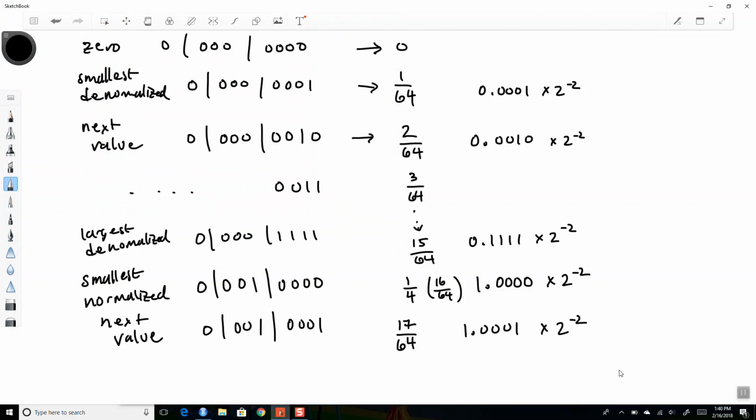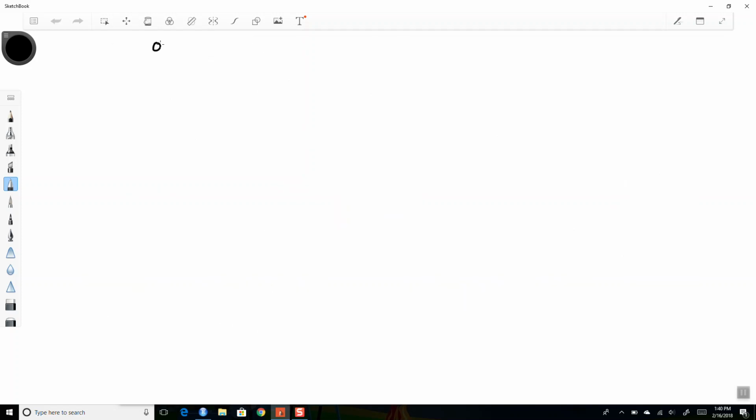Each increment here is 1/64. Let me keep going. This is 17/64.